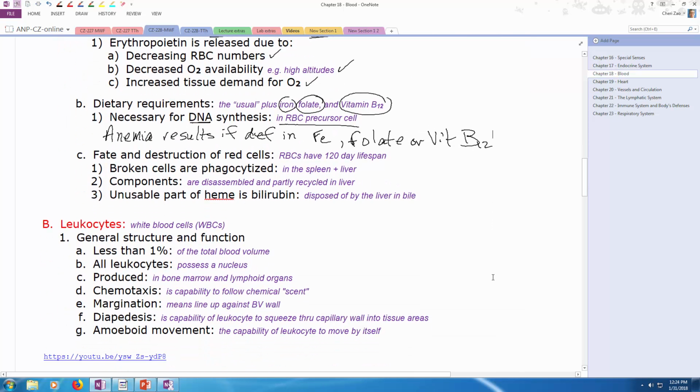Fate and destruction of red blood cells: they have a 120-day lifespan. So after 120 days, are you dead? No, that's right. Because 10 die today, 10 die tomorrow, 10 die the next day, and each day we have 10 more to replace them, correct? So we have this lovely replenishment that goes on. The broken cells are phagocytized in the spleen and the liver. The spleen's a big player for the bulk of this, and then the liver also plays a big role in what I call the recycling component.